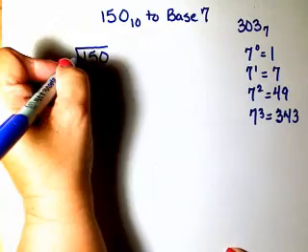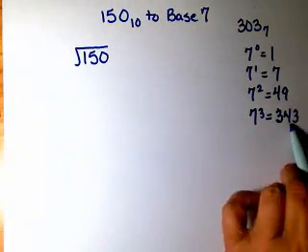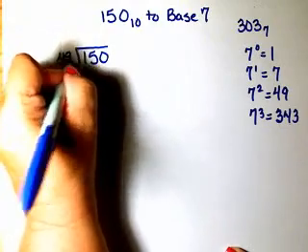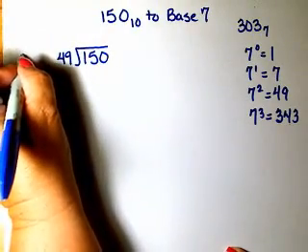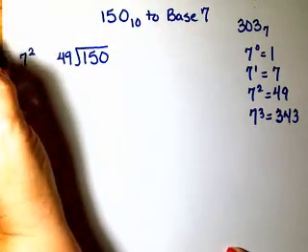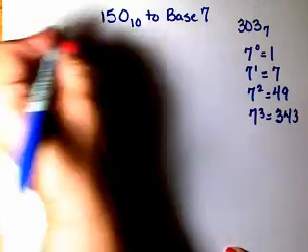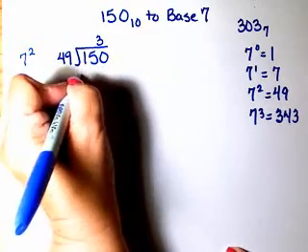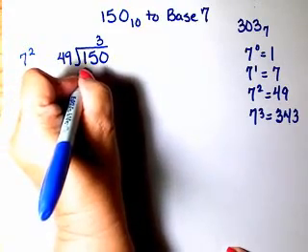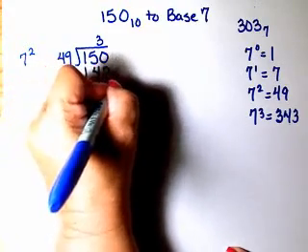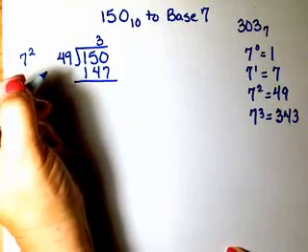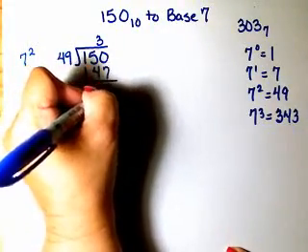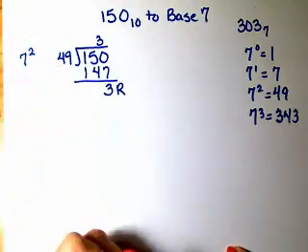We're going to divide 150 by 49 because nothing larger goes in, and that is 7 to the second power. 150 divided by 49 is 3, and 3 times 49 is 147. Subtract and get 3. So we've got remainder 3.